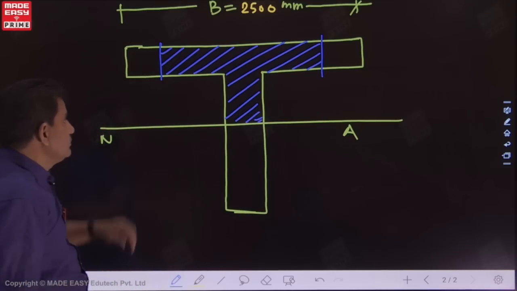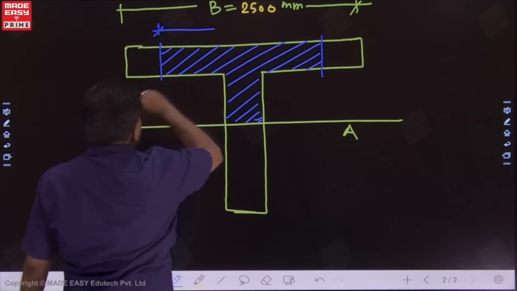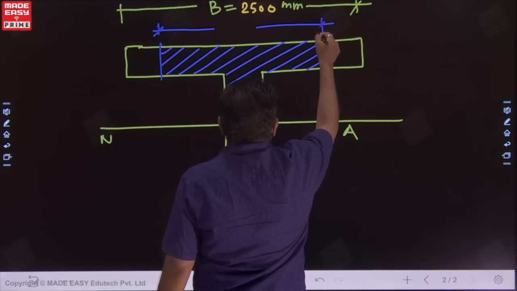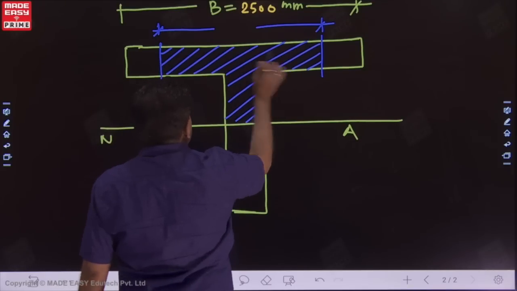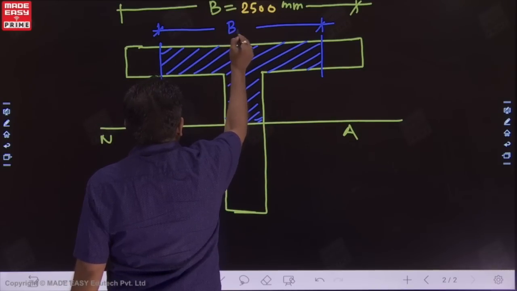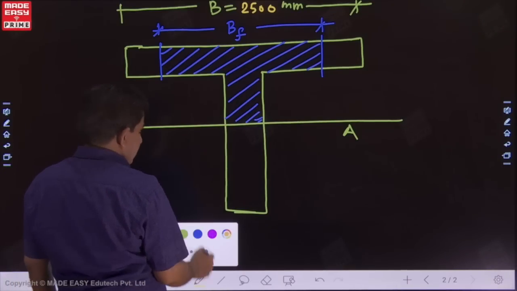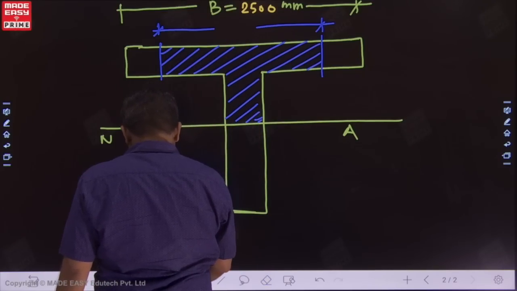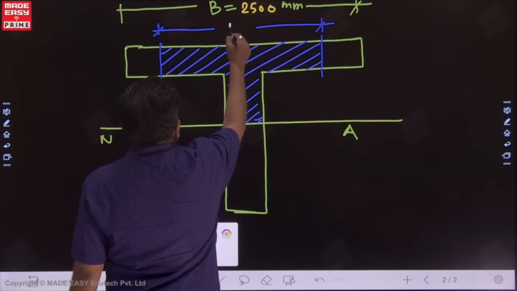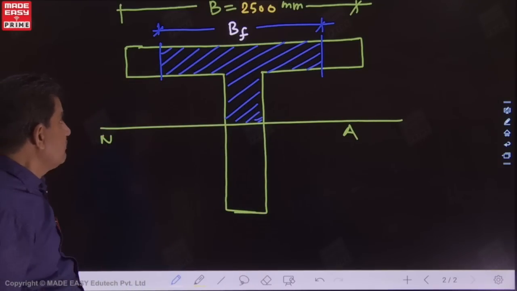This is done due to some different behavior of the beam, because the stress in the flange is not constant everywhere. That's why we consider only a limited width. That width is called bf. bf is called the effective width of flange.